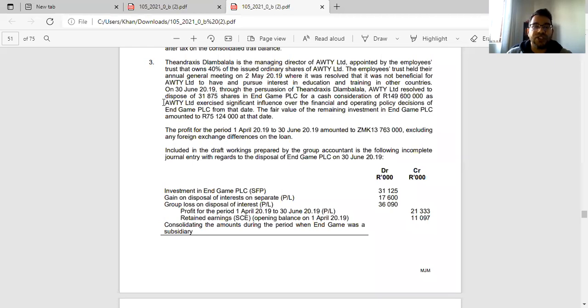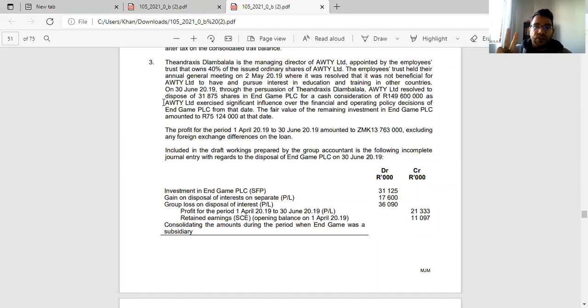We want a gain or loss from the group perspective. Then we need to recognize the new investment. Remember, the new investment is going to be an associate, so we're going to have to recognize an investment in associate. So that's all that we're going to have to deal with at that date.